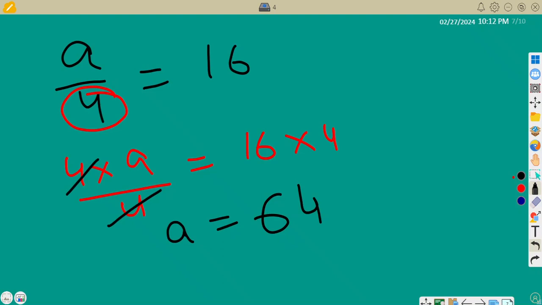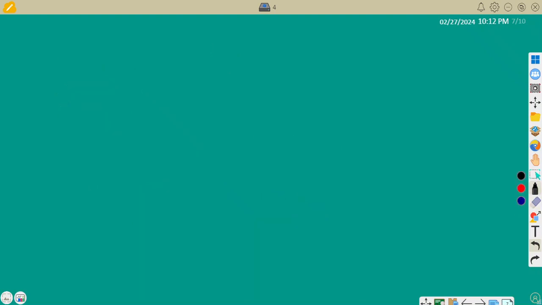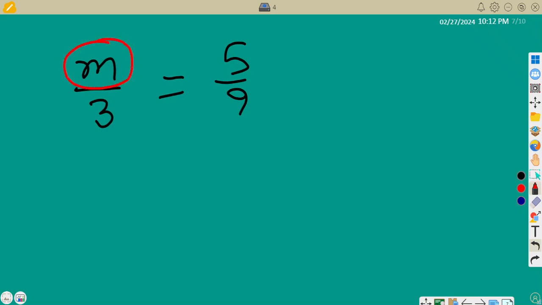And another variant we'll see is m upon 3 equal to 5 upon 9. So to single out this m, we have to multiply it by 3 so that 3 is cancelled out from the denominator.